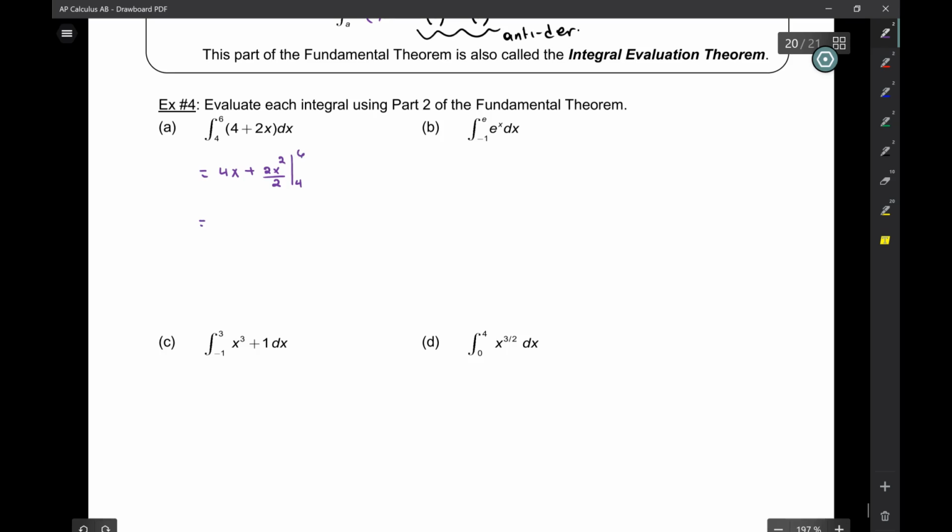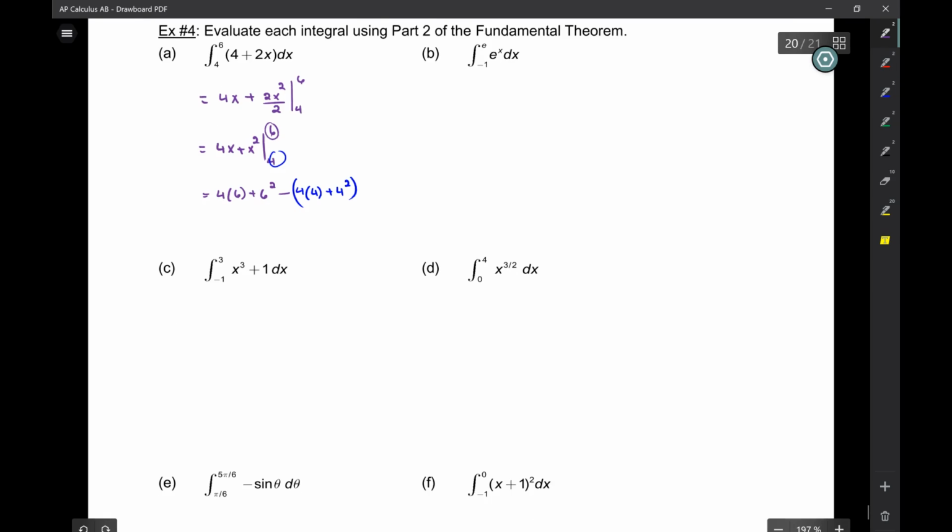So this is 4x plus x squared, 4 to 6. Now I plug in the 6 and get 4 times 6 plus 6 squared, minus I plug in the 4, 4 times 4 plus 4 squared. It's going to be 24 plus 36 minus 32, so basically that's 28.